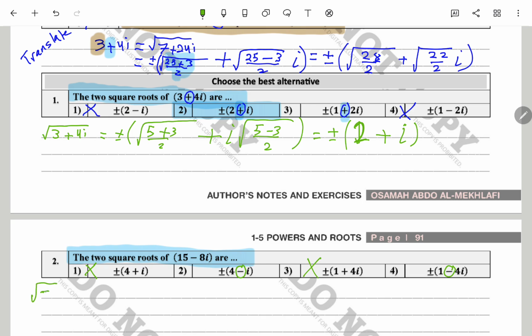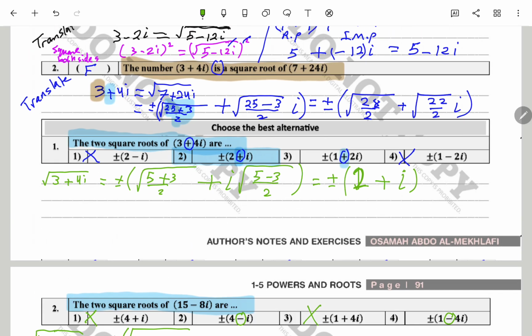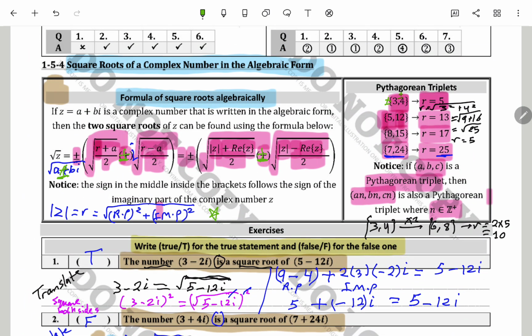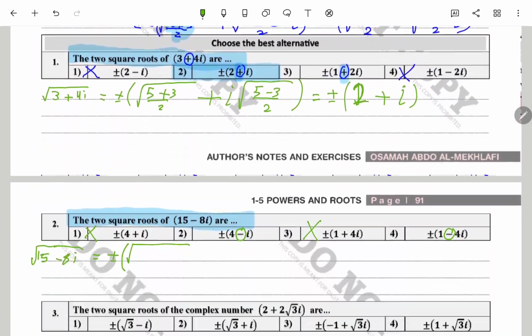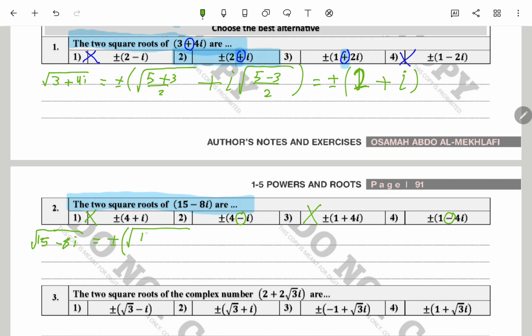Square root of 15 minus 8i. That will be positive and negative, the square root of, inside the bracket, 15 and 8, with the triplets will give you 17. So you can use the 17 instead of r. So you have 17 plus the a, which is 15, divided by 2. Because you have negative in the middle, use negative with the i.